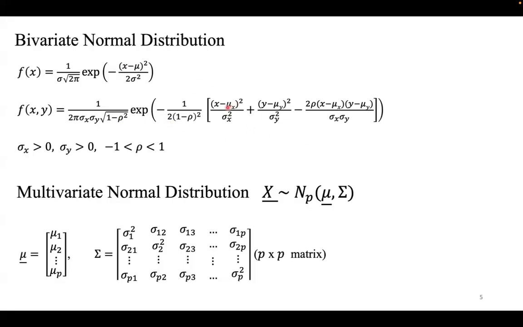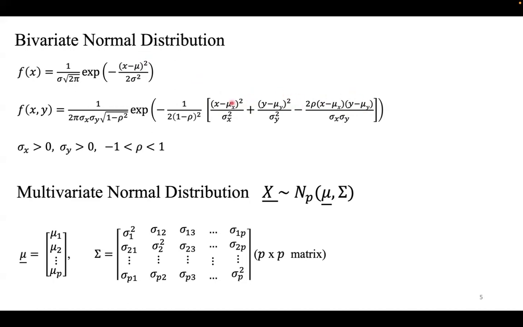So here what you can see is you still have this minus sign. This is the exponent, right? So it's e to the power of whatever is inside the bracket. Here it was minus, and the numerator was x minus its mean and whole square. You can still see that here: x minus mu x square, y minus mu y square. And there is another term here.